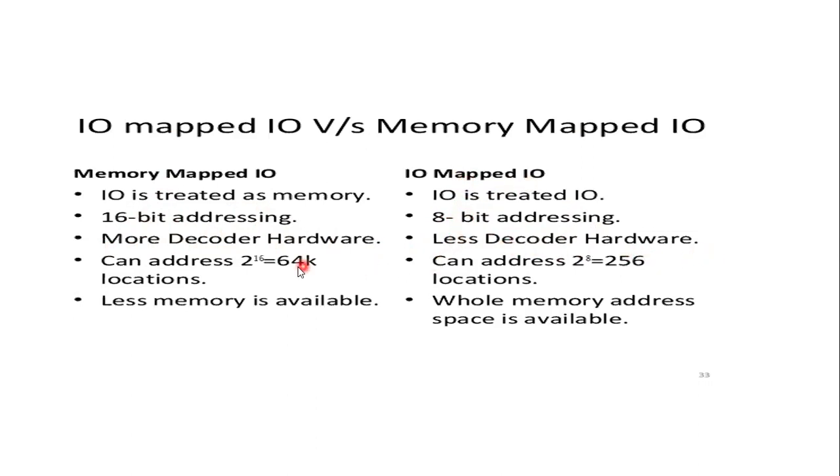Memory mapped I/O can address 2 power 16 equal to 64K locations; here 2 power 8 equal to 256 locations, that is 256 devices. In memory mapped I/O less memory is available, whereas in I/O mapped I/O the whole memory address space is available.